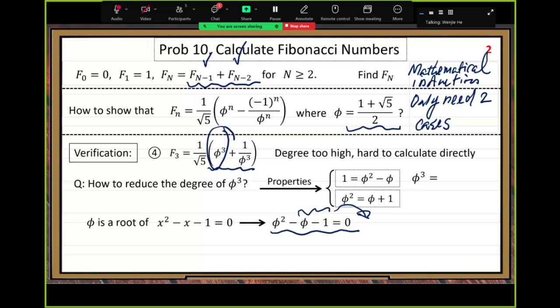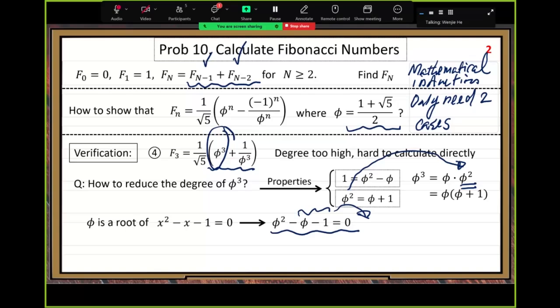To do that, let's split: phi cubed equals phi times phi squared. Then when you see phi squared, you can apply the second property. Replace phi squared by phi plus 1. So it equals phi times (phi plus 1).